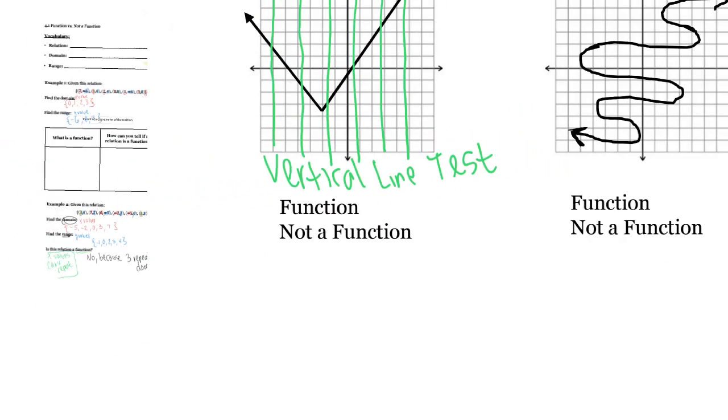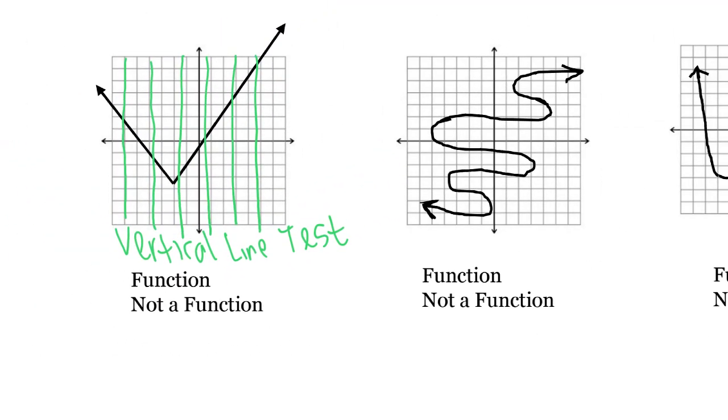So vertical line test. If it crosses once, it is a function. Not a function if it crosses multiple times. So looking at this, how many times did these lines cross that black line? They only cross one time each, so it is a function.